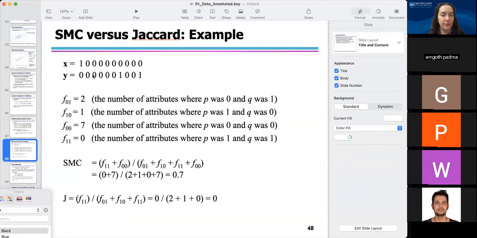For example, in this situation, there are two objects X and Y, and there are 1, 2, 3, 4, 5, 6, 7, 8, 9, 10 attributes. So this is essentially a vector. We are comparing two vectors here.